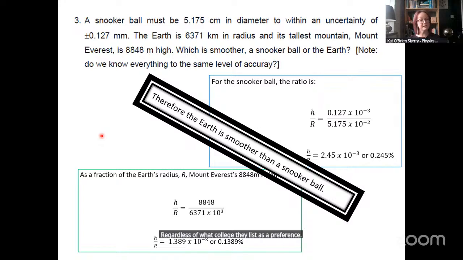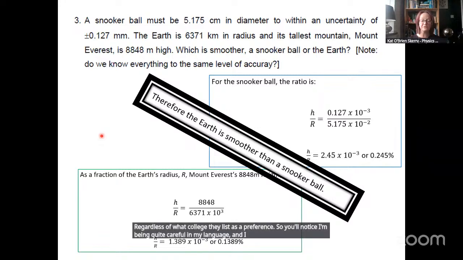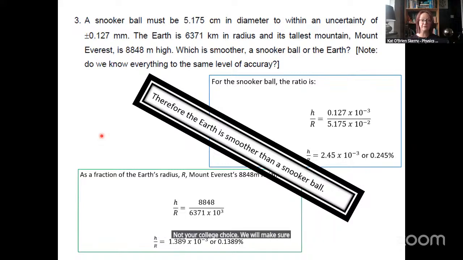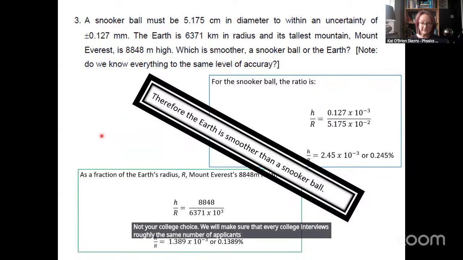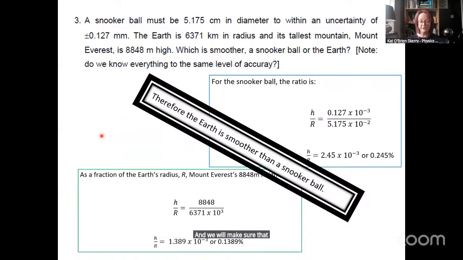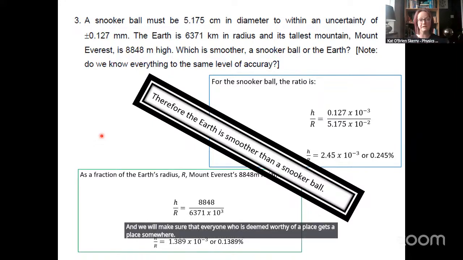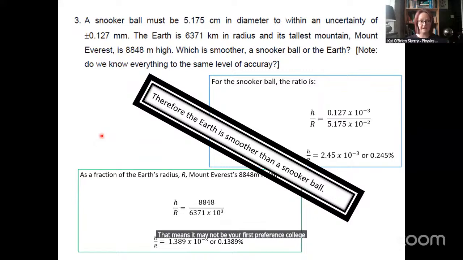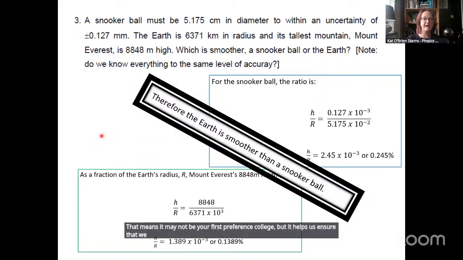So you'll notice I'm being quite careful in my language and I'm saying your college preference, not your college choice. We will make sure that every college interviews roughly the same number of applicants per place, and we will make sure that everyone who is deemed worthy of a place gets a place somewhere. That means it may not be at your first preference college, but it helps us ensure that we have that fairness.